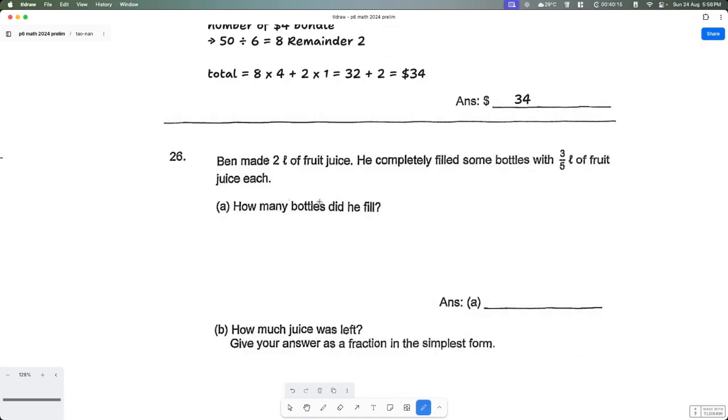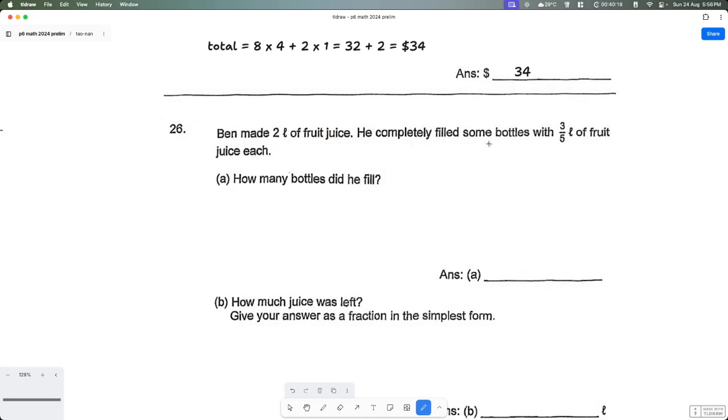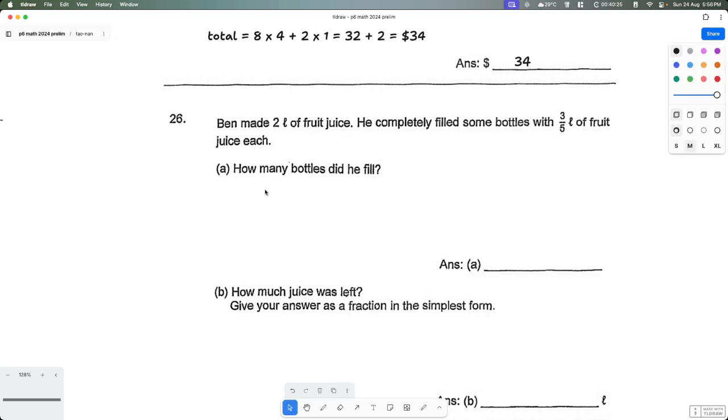Question 26. Ben made 2 liters of fruit juice. He completely filled some bottles with 3/5 liter of fruit juice each. How many bottles did he fill up? Okay, so for me, I usually just write 3/5 liters.